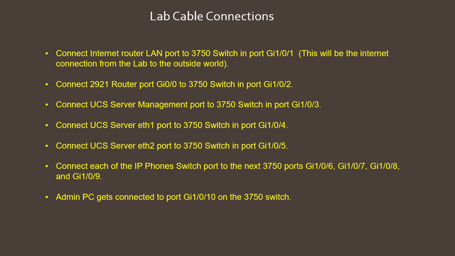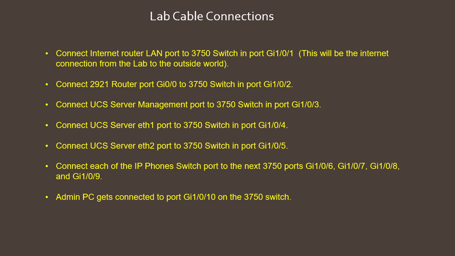Now you may or may not have the IP phones yet, so if you do, go ahead and connect those to ports 6, 7, 8 and 9 of the switch, and then finally connect your administration PC to port 1010 on the switch. And next we're actually going to get into the configurations.